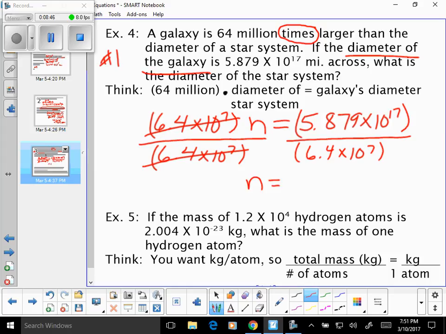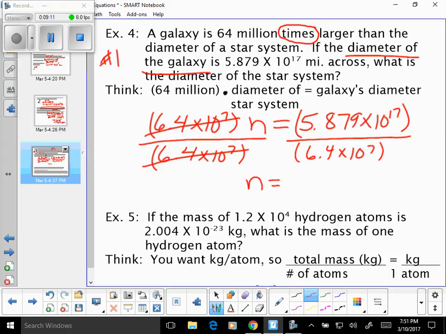Now, we need to take 5.879 divided by 6.4. Now, if you do that on your calculator, you're going to get a long string of numbers. How do you decide what to round off to? Because it doesn't say anything in the problem. If you'll notice, they tell us that the diameter is 5.879. That's 4 significant digits.